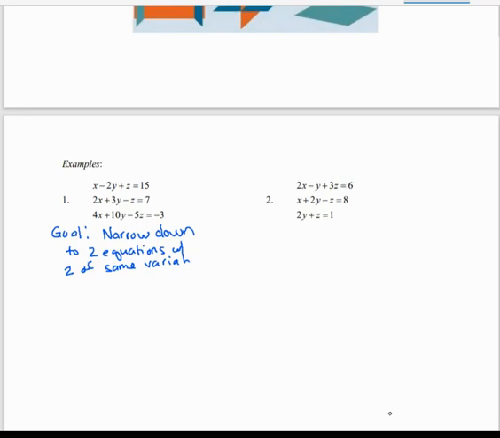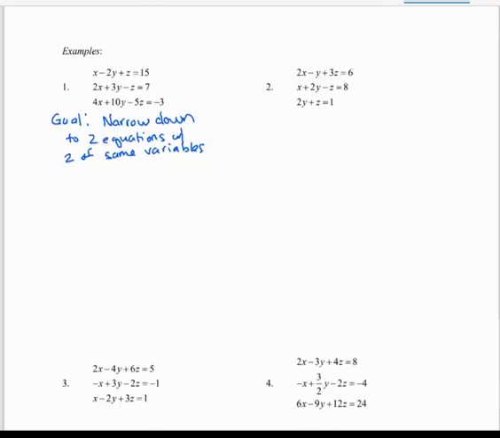So if we look at our first example, all three have three variables. So we need to try to get rid of one of the variables. And you can choose. If I look at all three of these, I'm going to pair two of the equations together. I'm going to pair the first and second together.